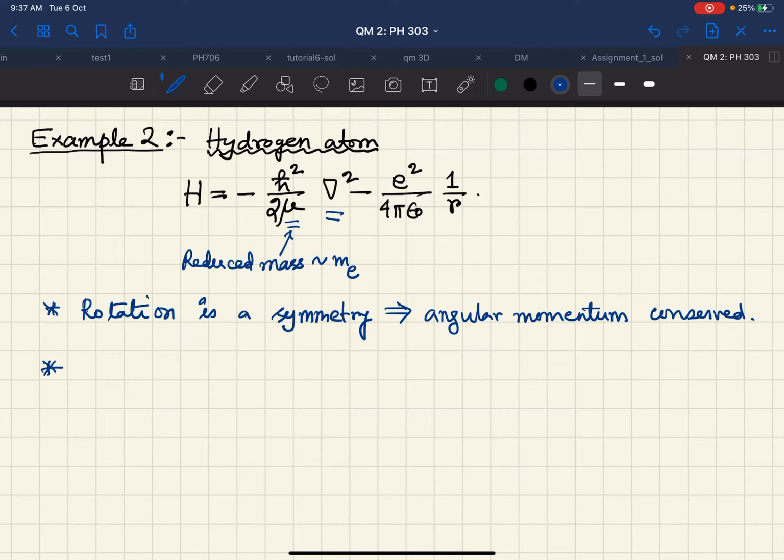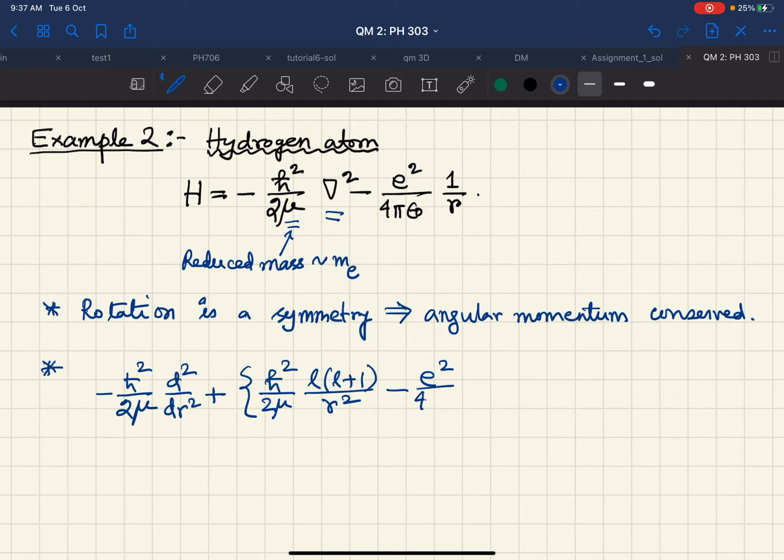By this, what I mean is that if you write down the radial part of this equation, it should look like minus h bar square by 2 mu d2 dr2 plus h bar square by 2 mu into l into l plus 1 divided by r square minus e square by 4 pi epsilon naught 1 by r, and this whole thing multiplied by the radial wave function u is equal to E times u.